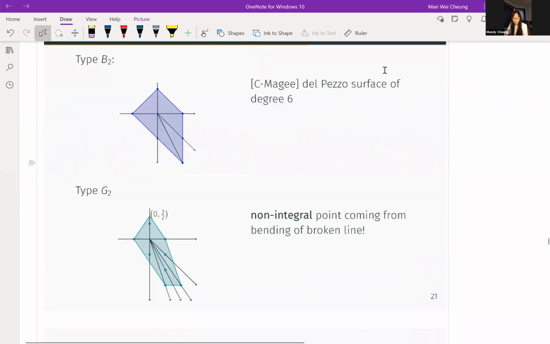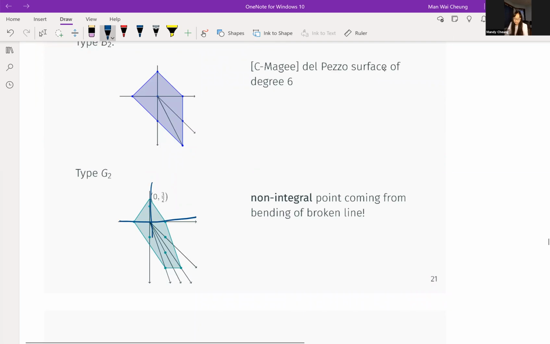And then A2, B2, the next question is, how about we do the same thing in G2, which is our G2 scattering diagram. You can see here, if you just look at the primitive generator, the polytope itself is already not convex, but you say, okay, I just take the convex hull of it. But then when you take the convex hull over here, actually this polytope is not broken line convex. The reason is here, I have this wall function 0, 3 because of G2.